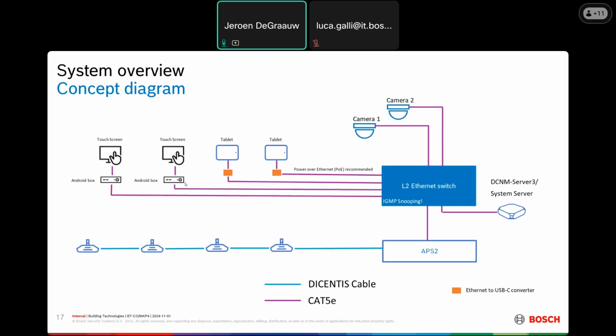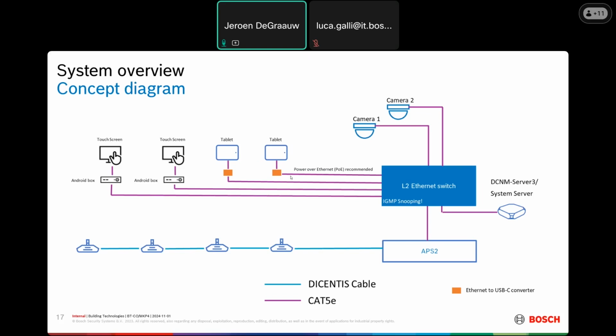These have a wired network connection, so you can plug it into the network quite easily. For the tablets, of course, everybody uses the tablet as a mobile device, which means connected to Wi-Fi or 4G or whatever. But in this application, you do need to have a wired Ethernet connection.